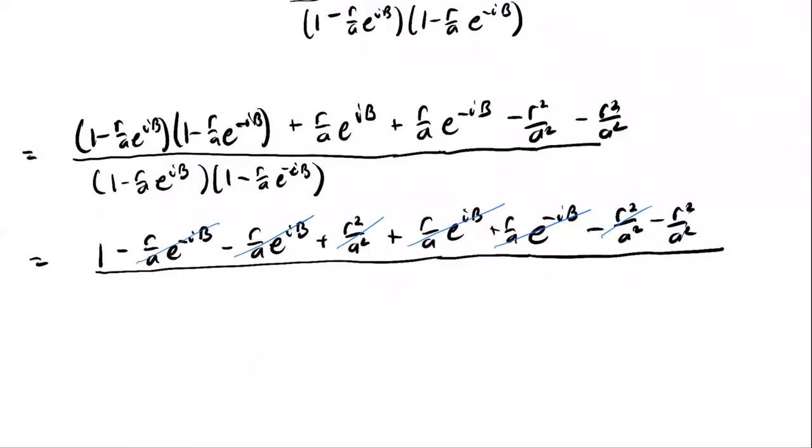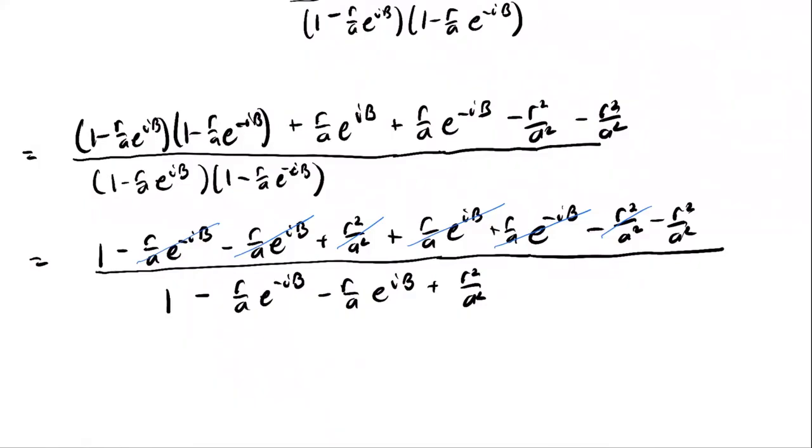In the denominator, I have 1, and then minus r over a e to the minus ib, minus r over a e to the ib, and then plus r squared over a squared times e to the ib times e to the minus ib, which will just give me 1.